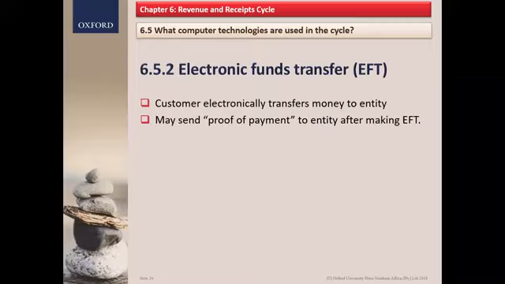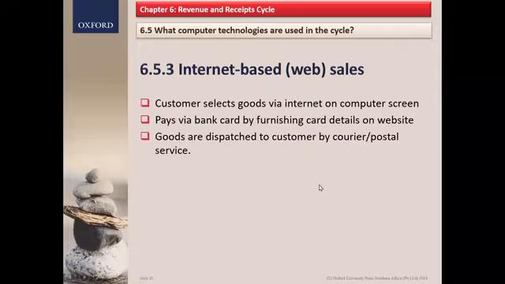In an electronic fund transfer system, your customers electronically transfer monies into the entity's account. Then they send what we call a proof of payment to the entity after the EFT transaction has been made. Internet web sales is where a customer selects goods via the internet on a computer screen and pays via bank cards by furnishing card details on websites.